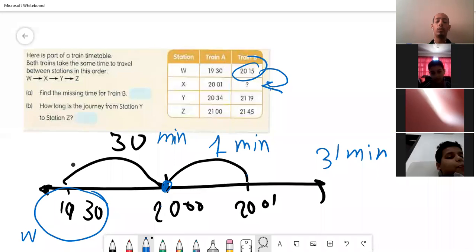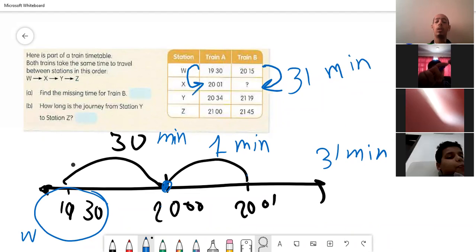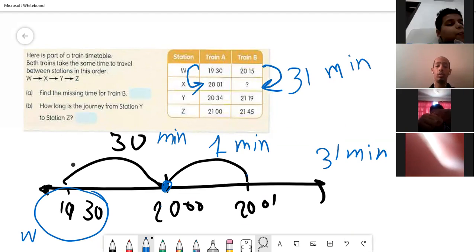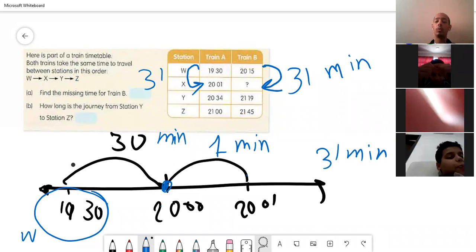The answer is 20:46. We're going to add 31 minutes because the time taken for train B to travel from here to here is 31 minutes, the same as the travelling time of train A from W to X. Then I need to add 31 minutes to 20:15.